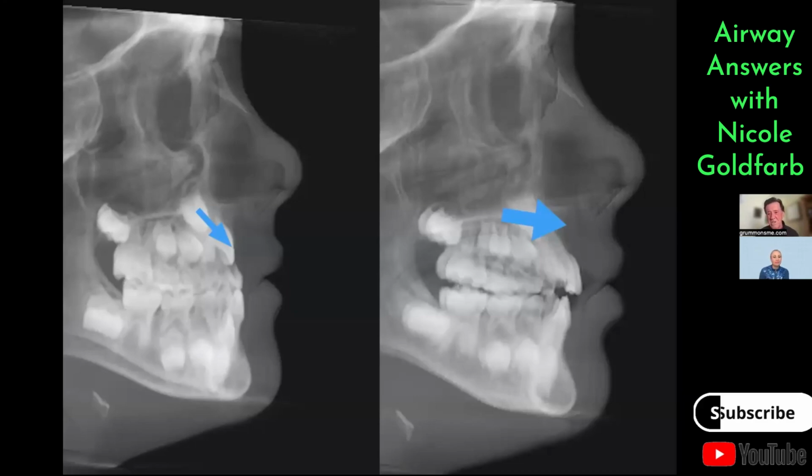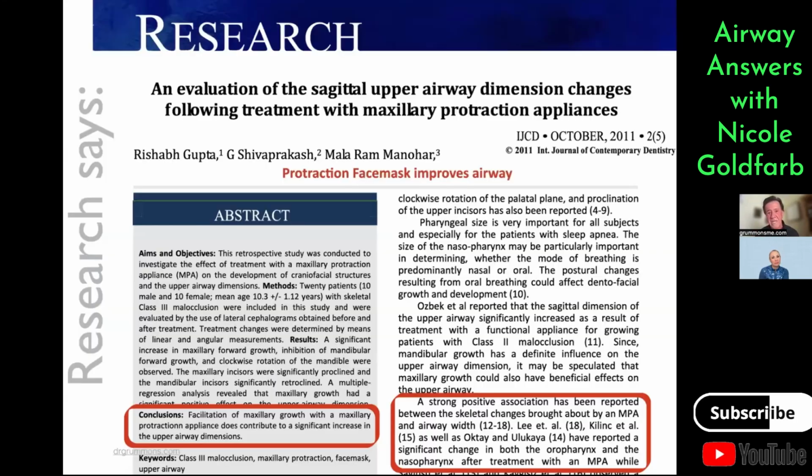So this is her. The big blue arrow on the right is showing the maxillary orthopedic change, and the little arrow on the left shows the dental alveolar change, tipping the occlusal plane down, the teeth come down. On the right side, the teeth are down where the lips are. So when she smiles, it's pretty.